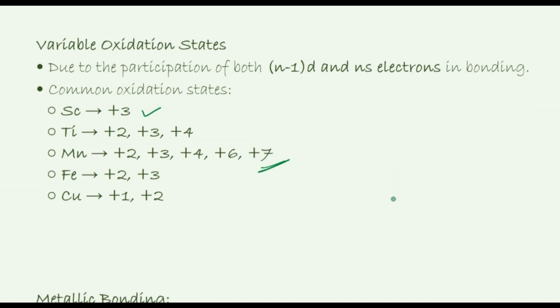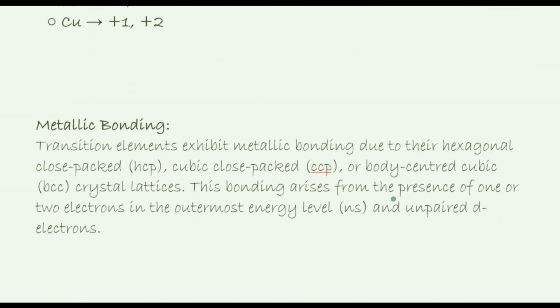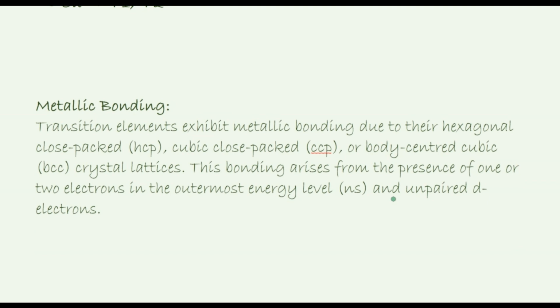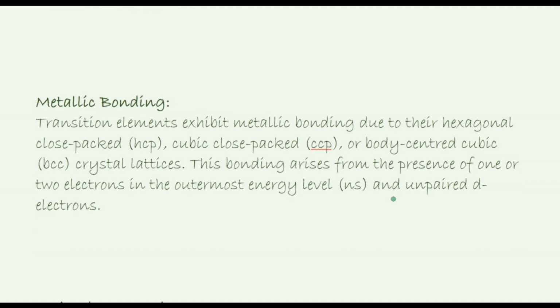As I told you, these are metallic in nature. So what kind of structure will they opt for, what kind of close packing? These exhibit metallic bonding due to their hexagonal close packed, cubic close packed or body centered cubic crystal lattices.